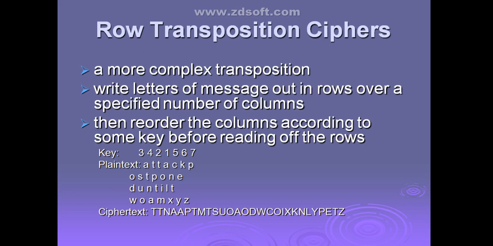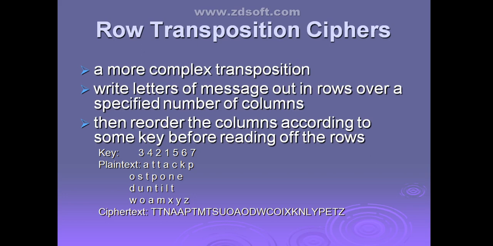Here they write the letters of the message in rows over a specified number of columns. Then they reorder those columns according to some key before reading off the rows.